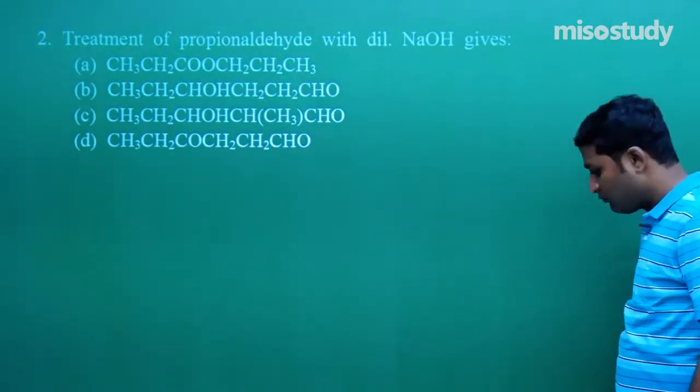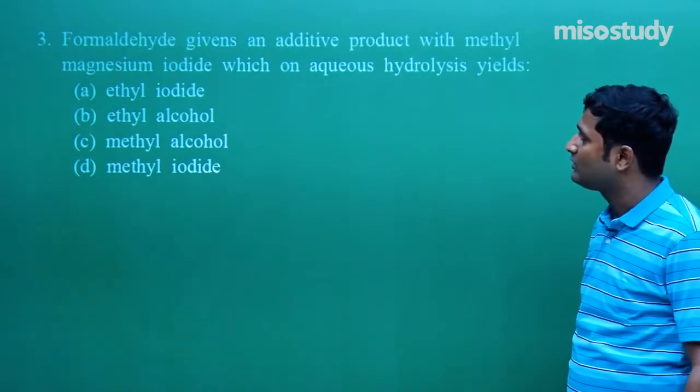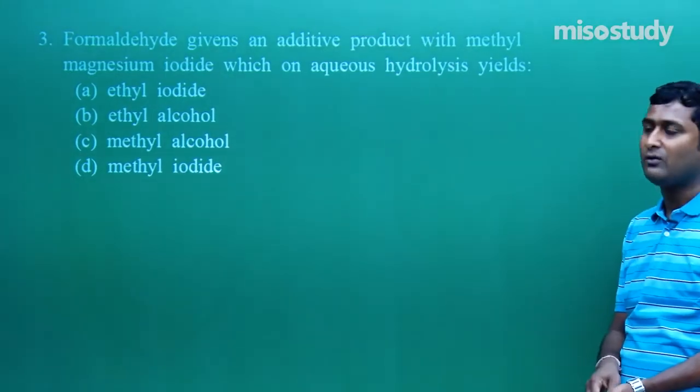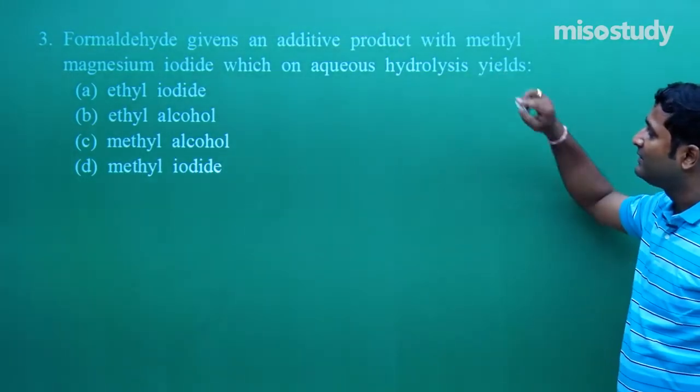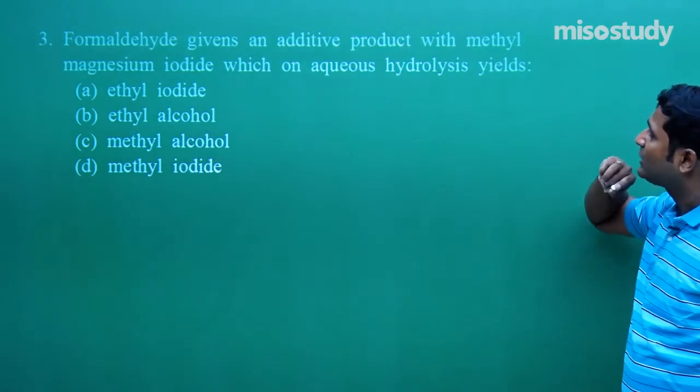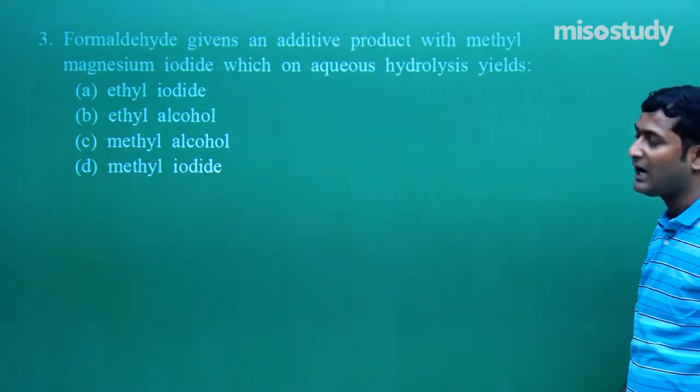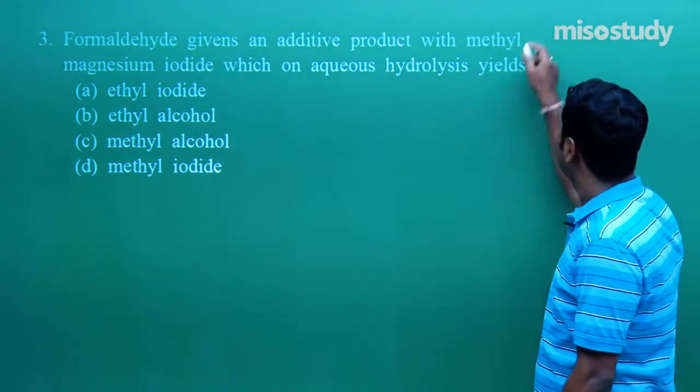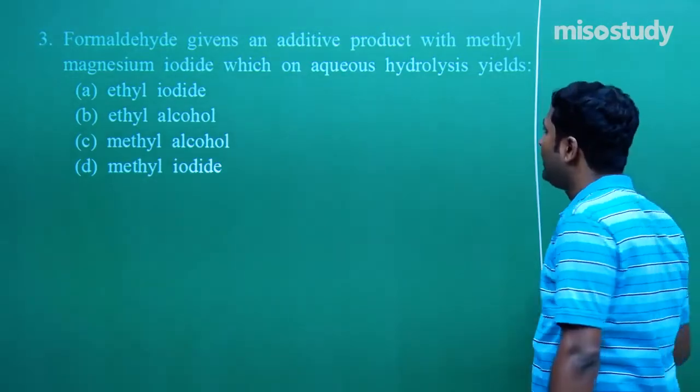Now let's move to the next question, that is question number 3. What is given here? Formaldehyde gives an additive product with methyl magnesium iodide. Read the question carefully.